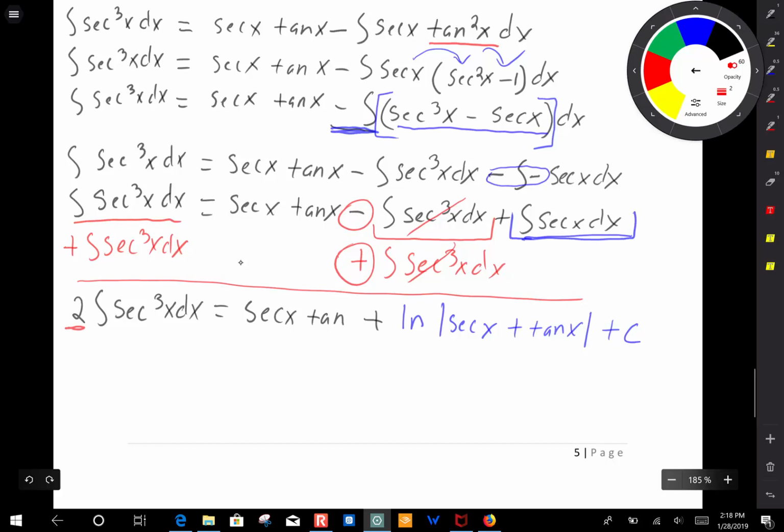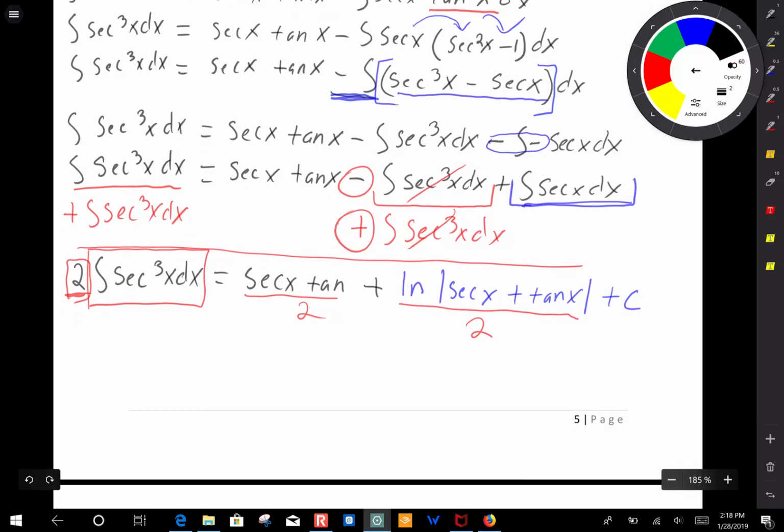Now I got this 2 here I'm dealing with. I don't want 2 times the integral of secant cube x dx. I just want this piece, right? I want to solve for that. So that means I've got to divide everything by this 2 that's in front of it. So I'm going to divide this by 2, and then this by 2. Well, that's the same thing as multiplying by 1/2.